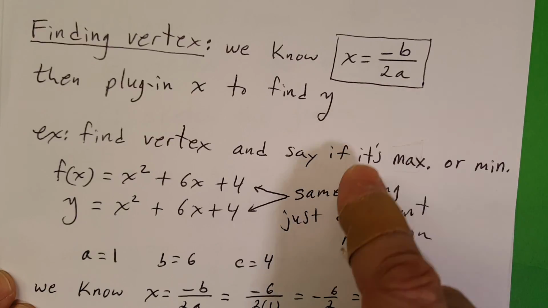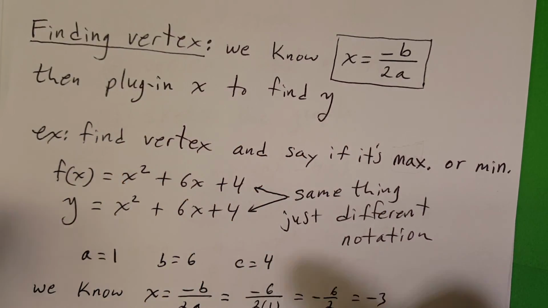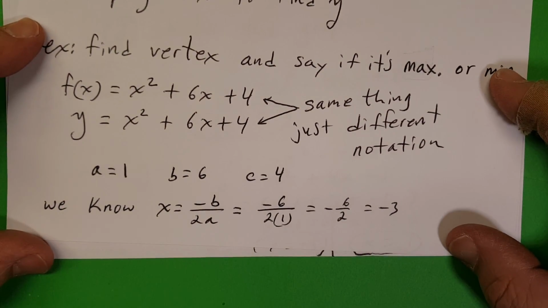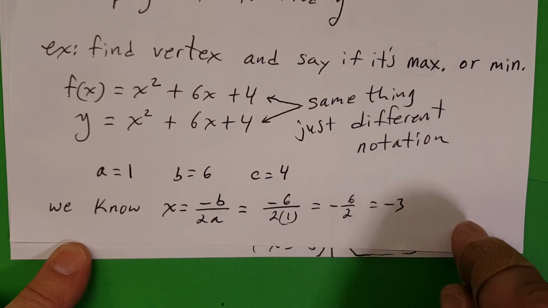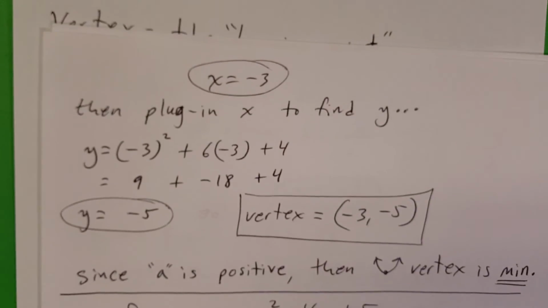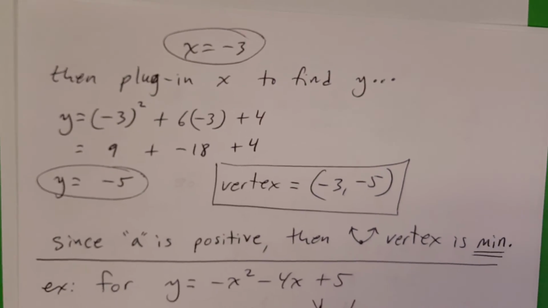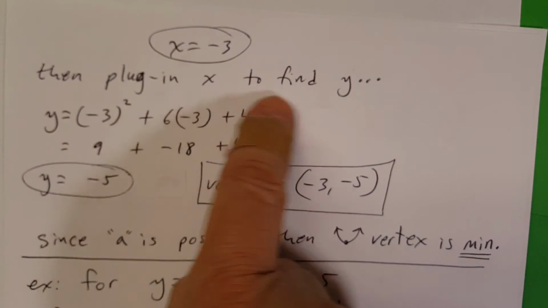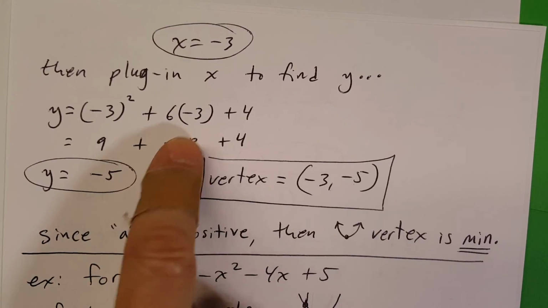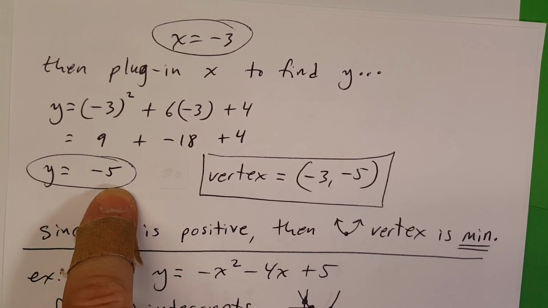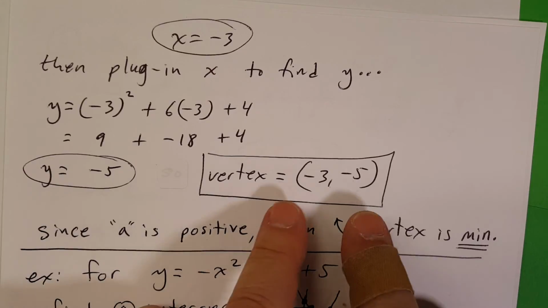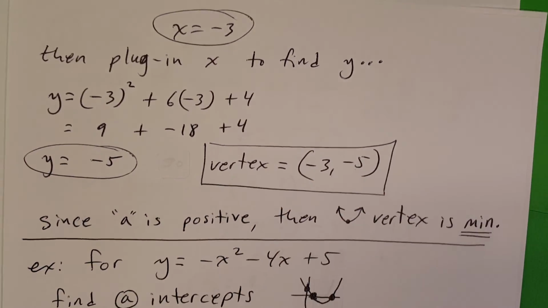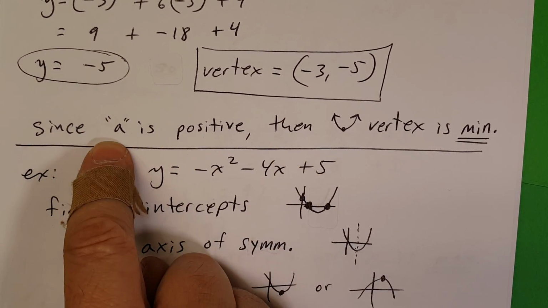And then once we know x, we plug in the x to find y, which is what we did in this example here. Right? We found out x really quick to be negative 3. And then we used the negative 3 and plugged it in, and found out y to be negative 5. So I found the vertex, the turning point. It was negative 3, 5. And we know that it's a minimum because a is positive.